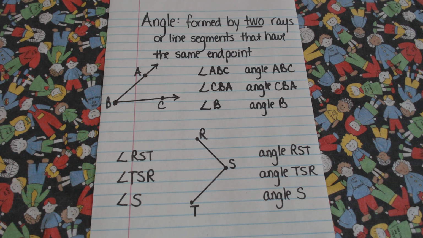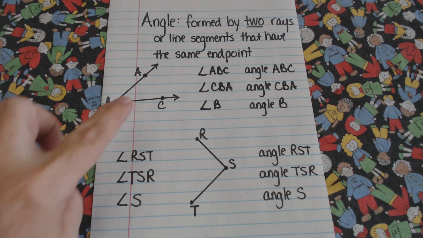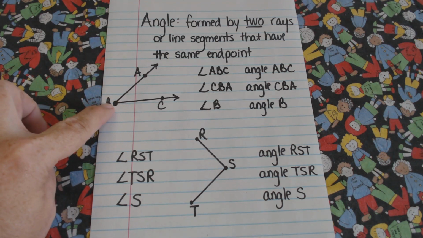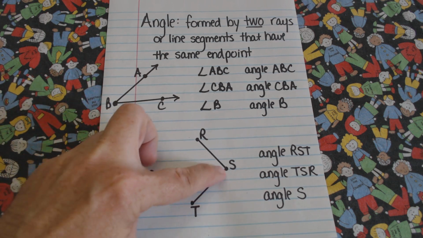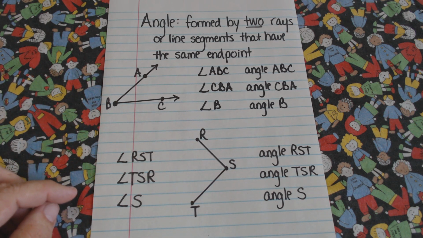So we've done points, which have led us to lines. Once we had lines, we could see parts of lines, line segments. Also rays. When we put two rays together with a common endpoint, we form an angle, or two line segments together with the same endpoint, we form an angle.